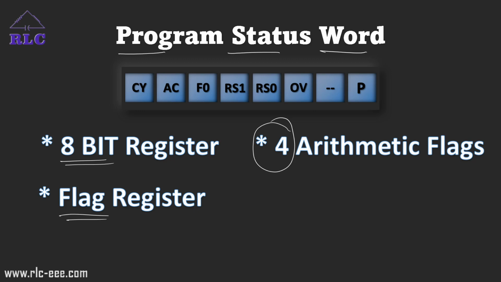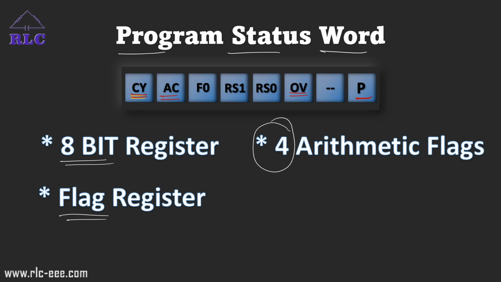Those 4 arithmetic flags are the carry flag, auxiliary carry flag, overflow flag, and parity flag. These are the 4 arithmetic flags present in the program status word. So we call the PSW register the flag register.